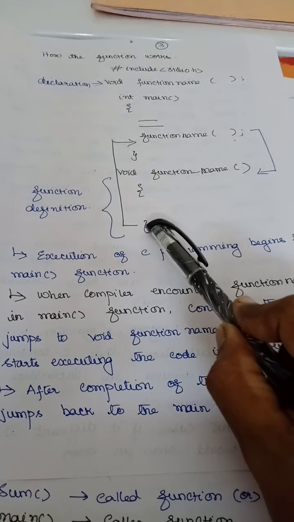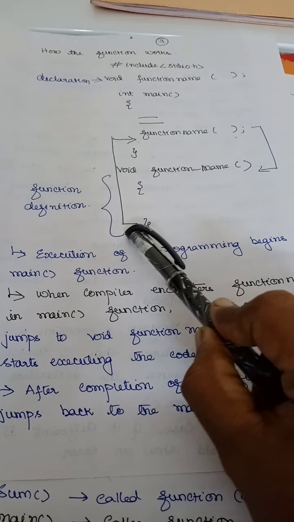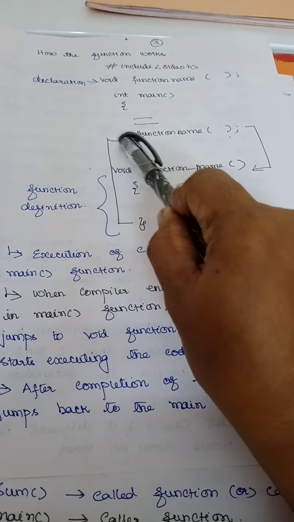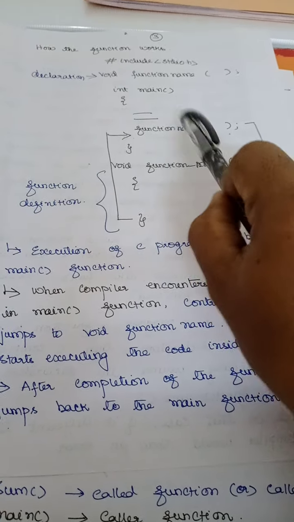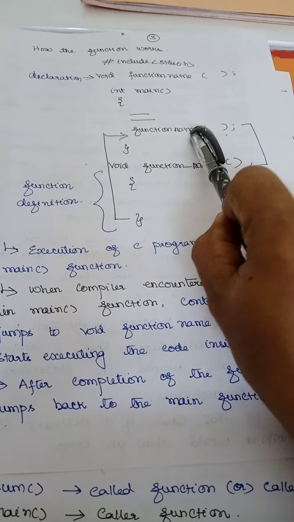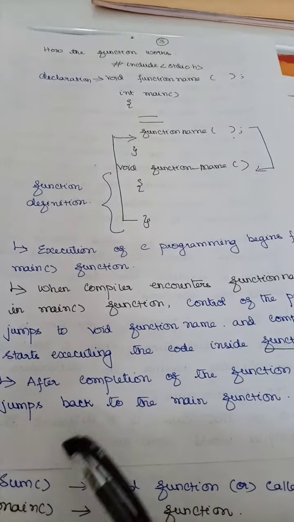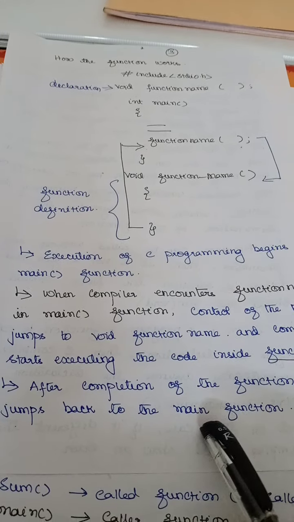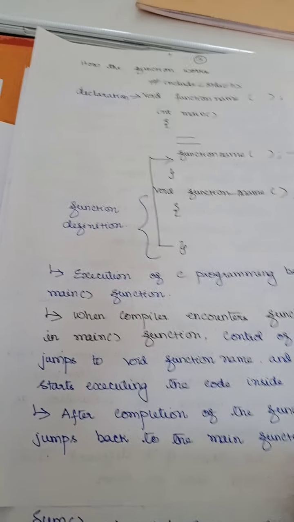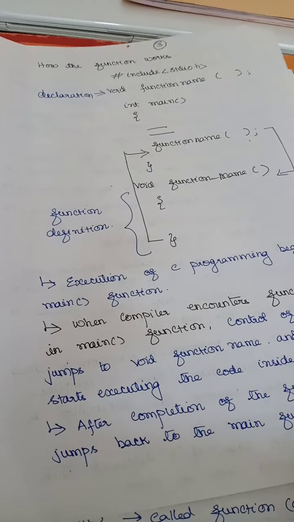Once I see the curly braces here, the control will be transferred to the next line following the function call. This you will call a function call. Is that clear? So after the completion of the function, the control jumps back to the main function. Clear?